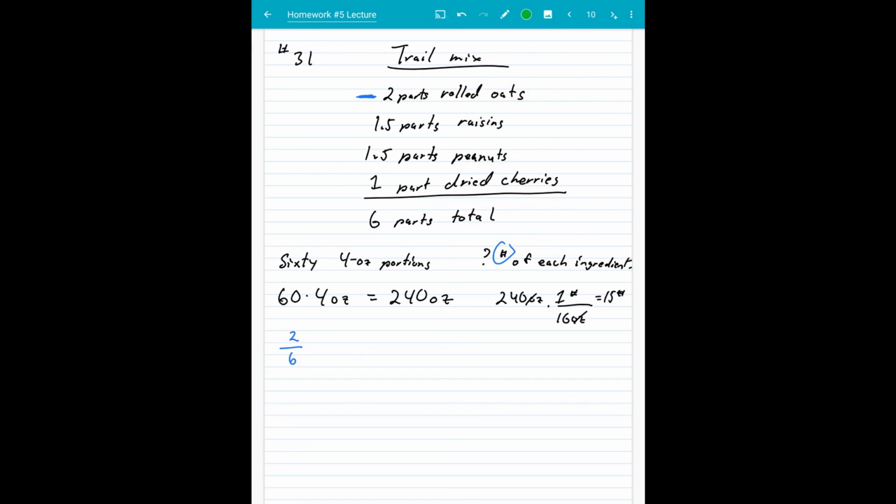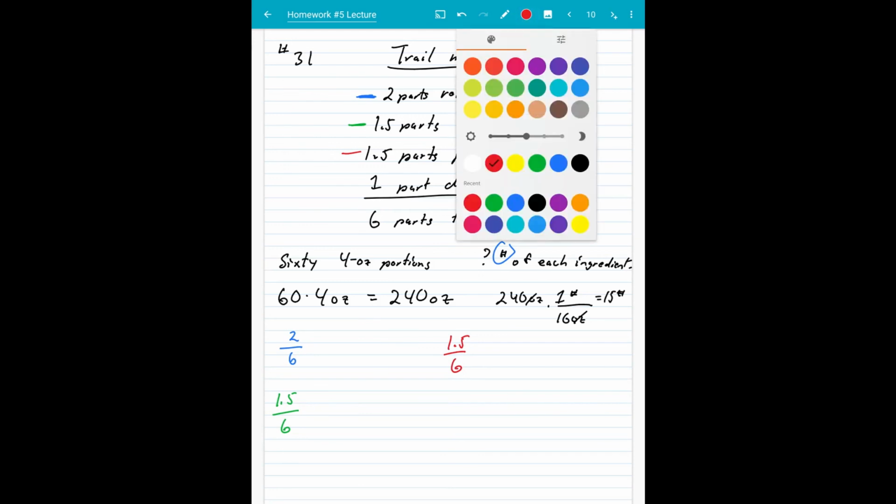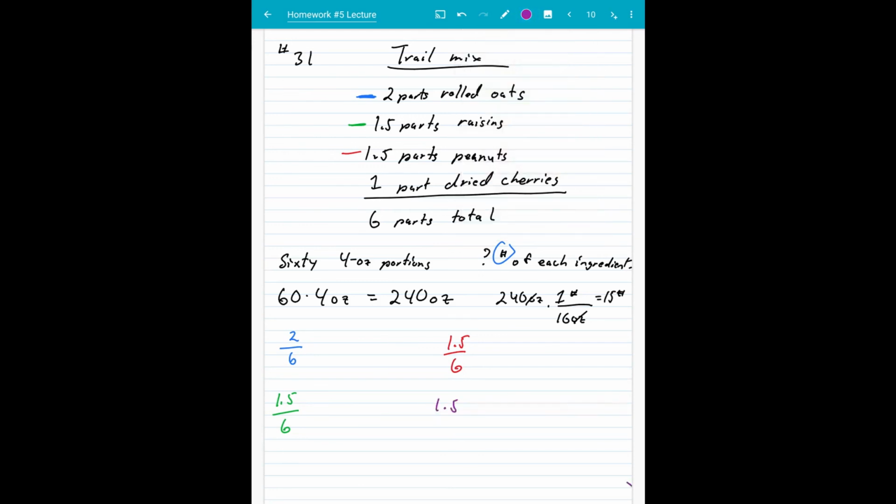The raisins is 1.5 out of 6. The peanuts is 1.5 out of 6. And then finally, the cherries represent 1 out of 6 for the total.